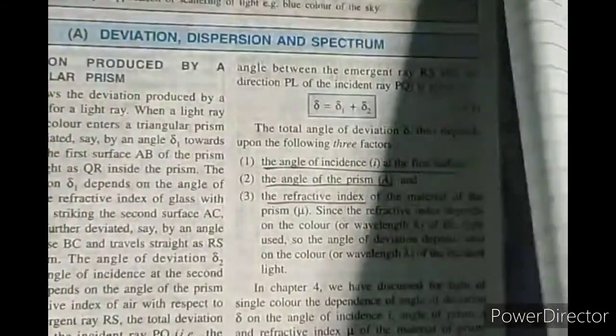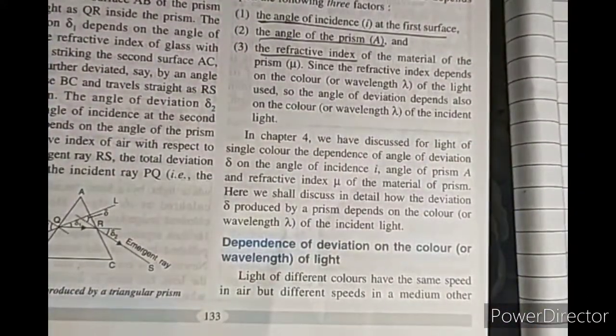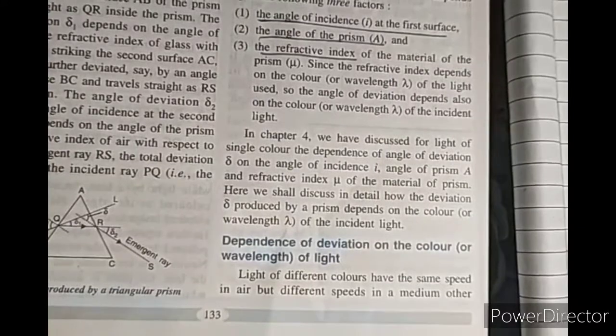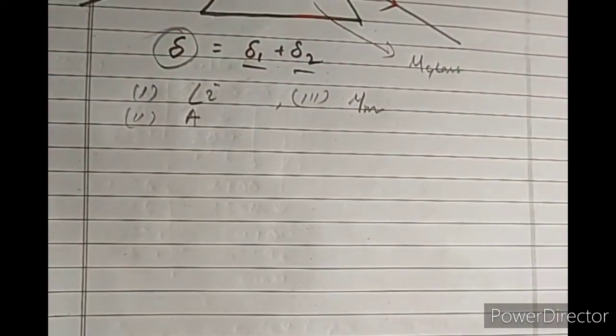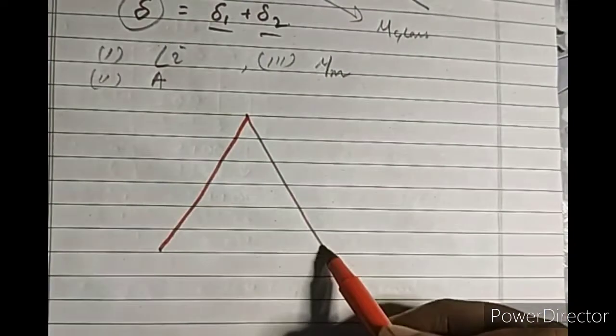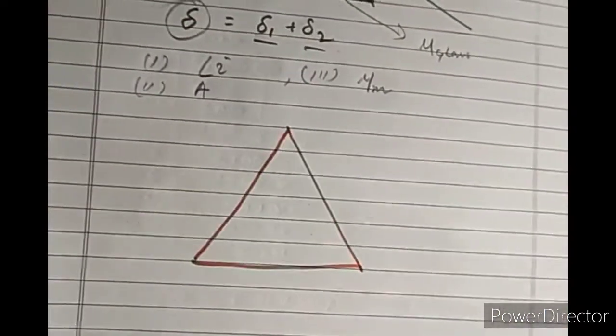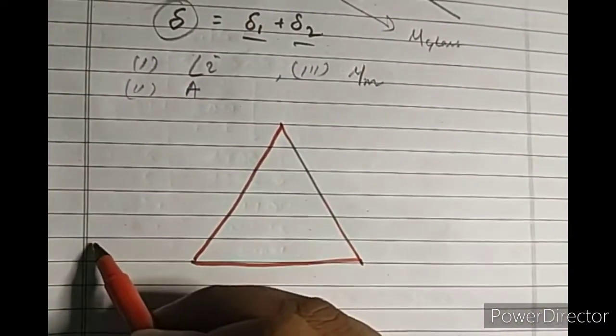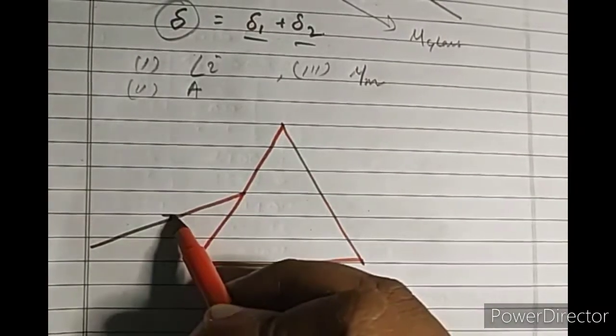Now let us try to understand how deviation depends upon different colors of light. Let me once again make the prism. Suppose it is like this. Now let us suppose a light comes and strikes it over here.